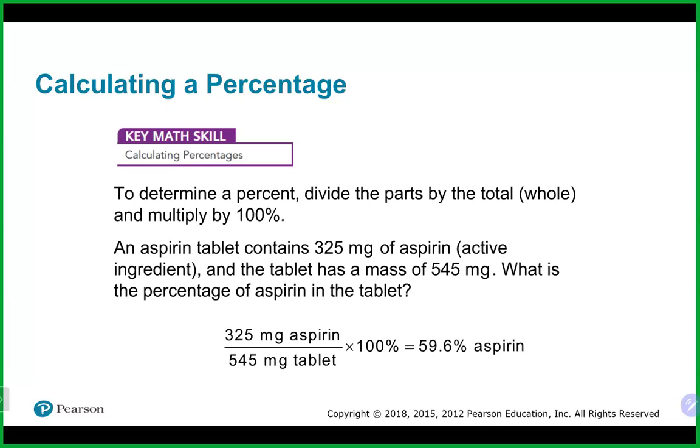So very often in chemistry, things are given to you in terms of percentages. And a lot of times when we are given things in terms of percentages, we want to use them as conversion factors. A lot of times it's much easier to take a percentage and turn it into a regular number or a conversion factor that you could use in a calculation.